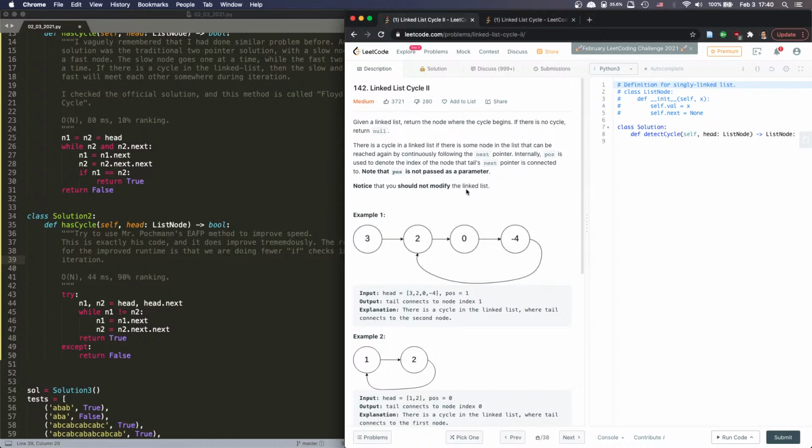No, that's not right. It should be when it's m, the fast node took 2m, and it's already somewhere inside the loop.